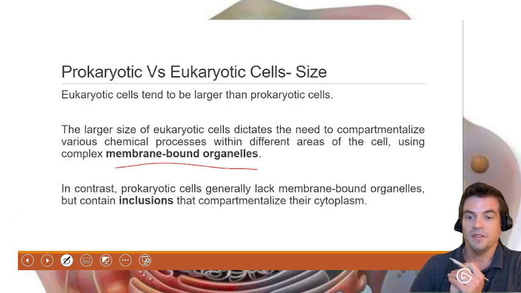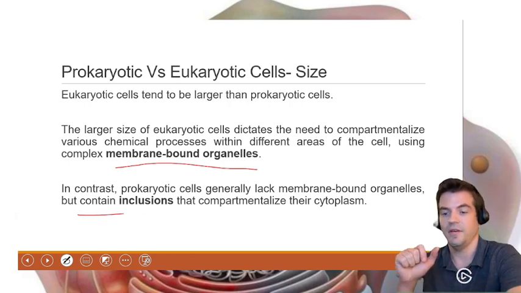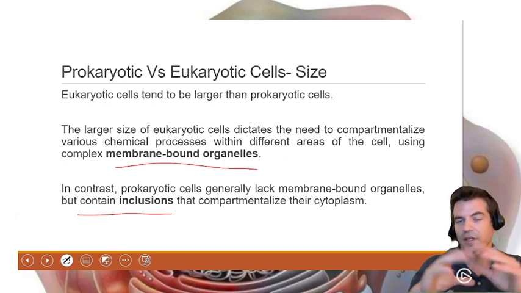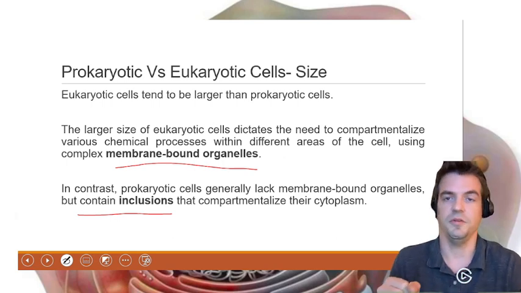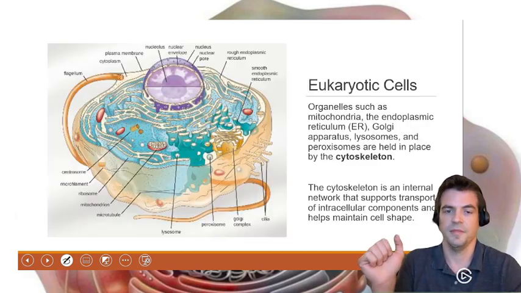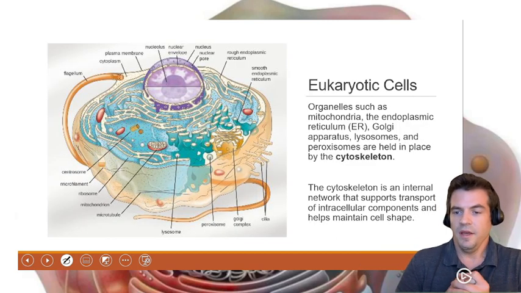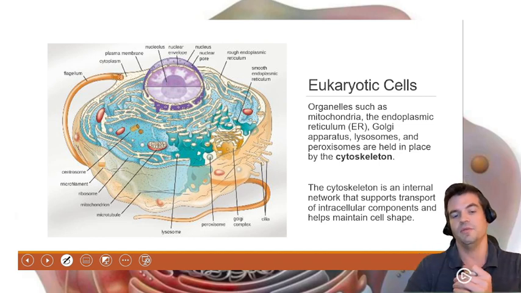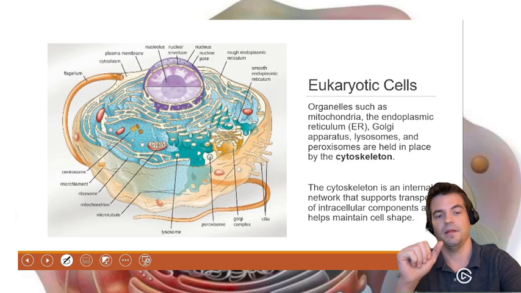In contrast, the prokaryotes have things called inclusions that kind of support where their stuff is to metabolically live and reproduce. Again, that bigger size lends the eukaryotes to need a cytoskeleton.